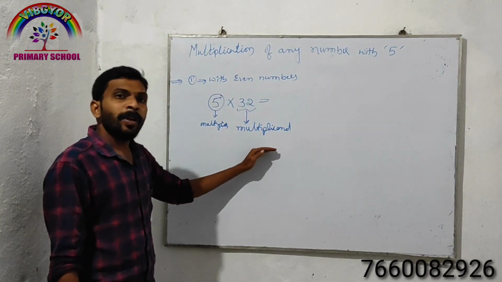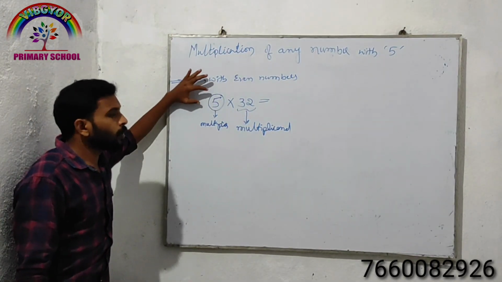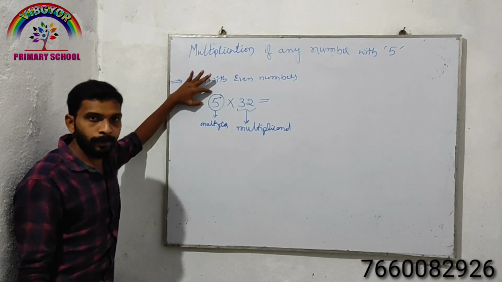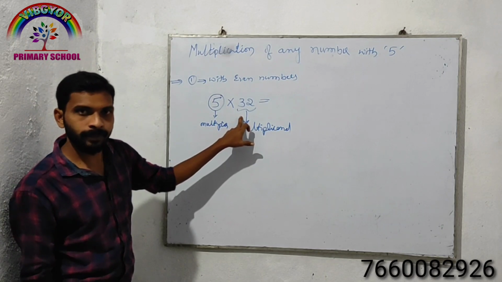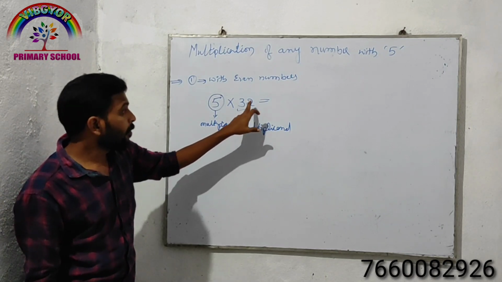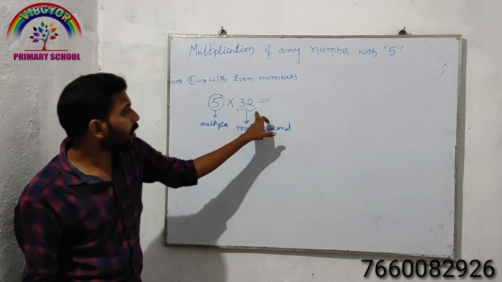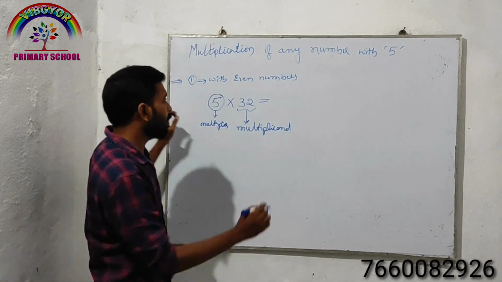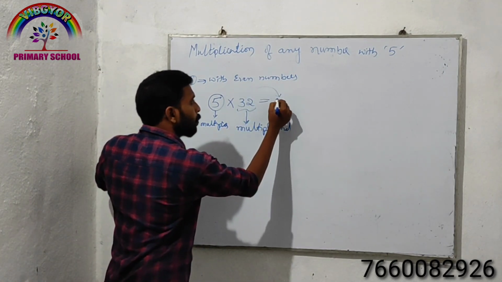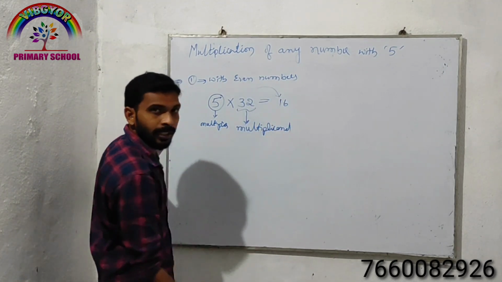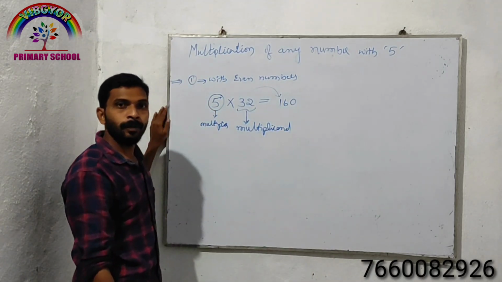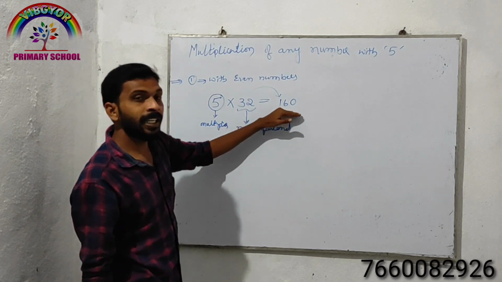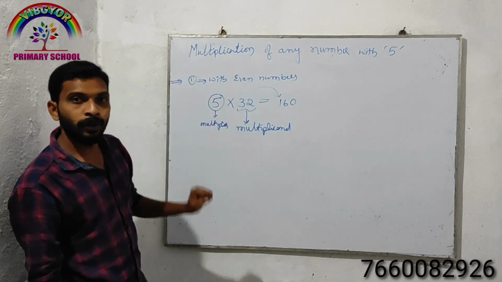Then, coming to our method, we should forget this multiplier and consider this even number. Then we must take half of this even number, that is, half of 32 is 16. After that we should keep 1 0. Then we can complete our result in a minute.